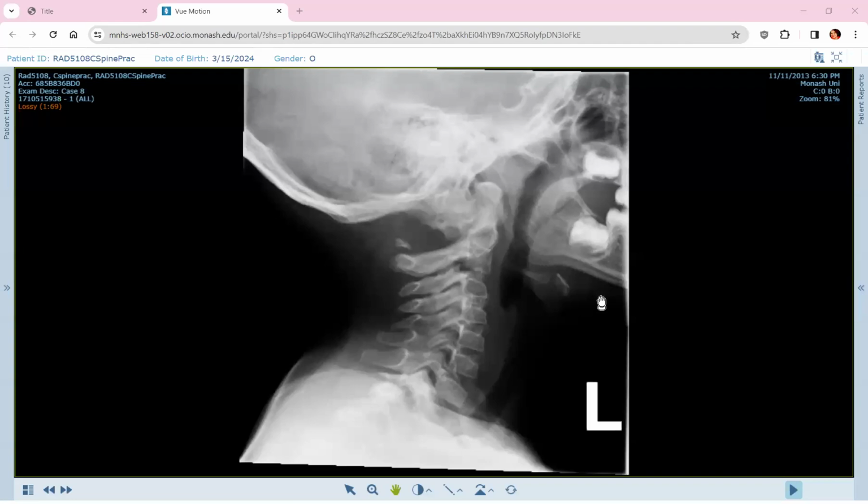The next case is that of a pediatric patient with neck pain and no history of any trauma. It's quite obvious when we look at this lateral view that the posterior arch of C1 is virtually non-existent. So this is a hypoplasia of the posterior arch. We've still got a tip there as well. You could have total agenesis of the posterior arch as well.